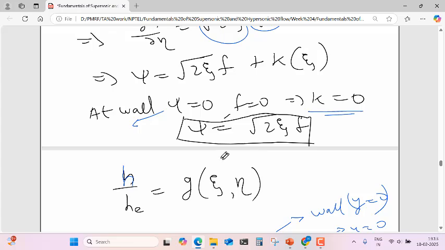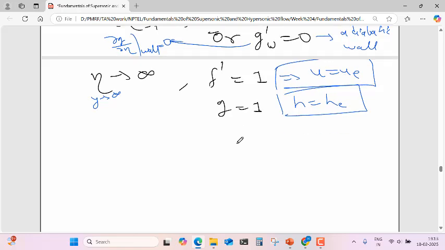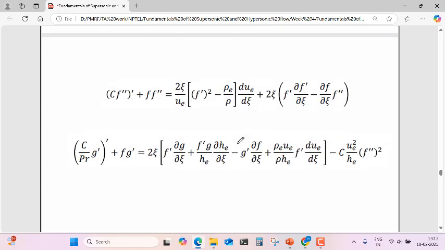So we will substitute all these functions and these derivatives. We will get these boundary equations. These are the compressible boundary layer equations.